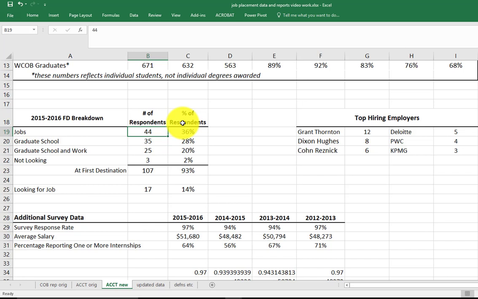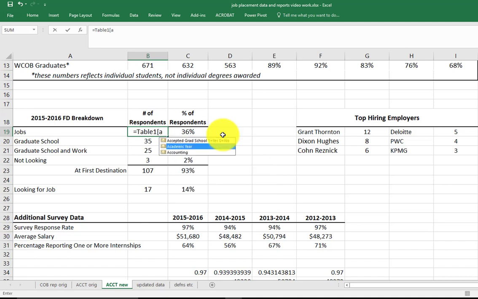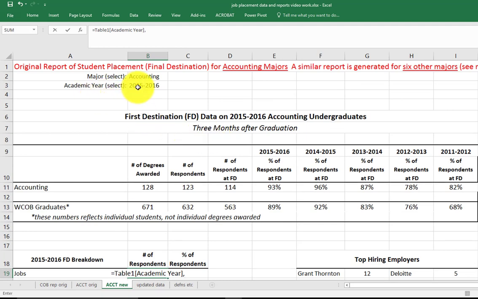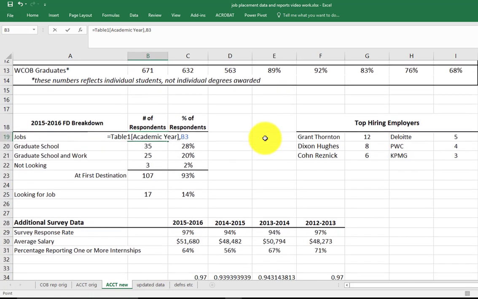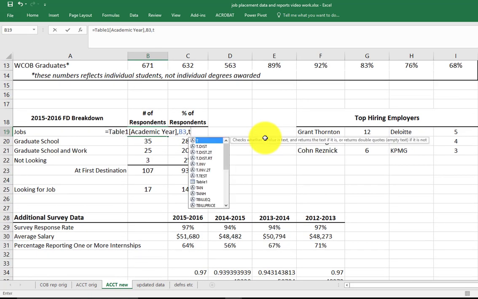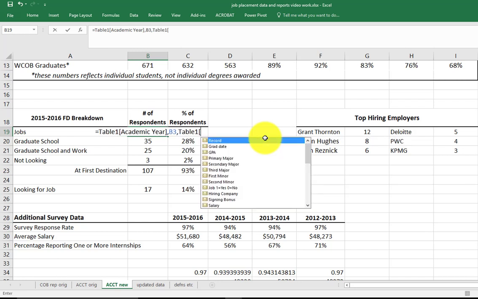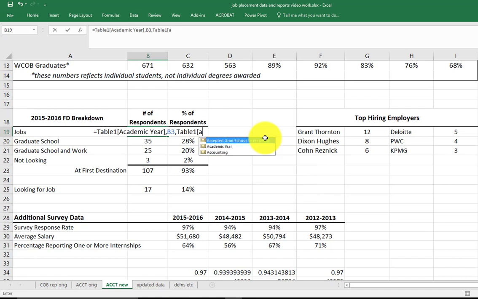All right, so again, this is still for our accounting majors. So again, table 1, academic year, and that's the B3. And table 1 for the major, which is accounting.